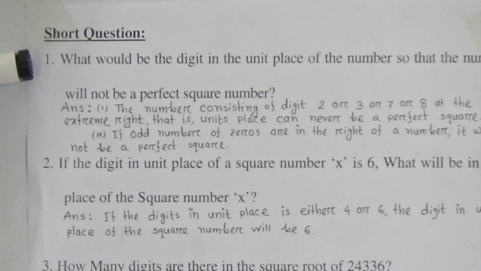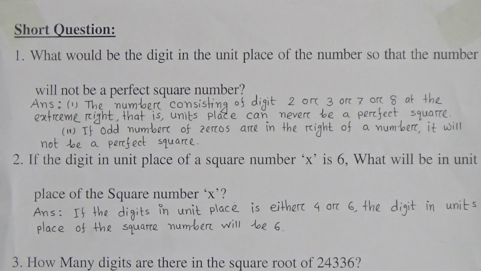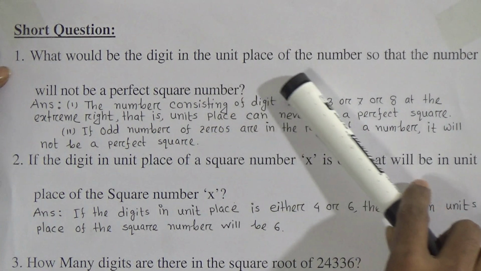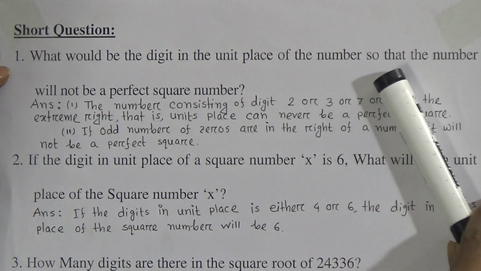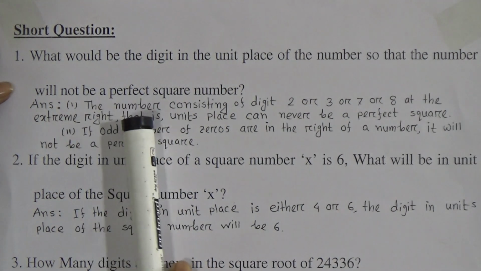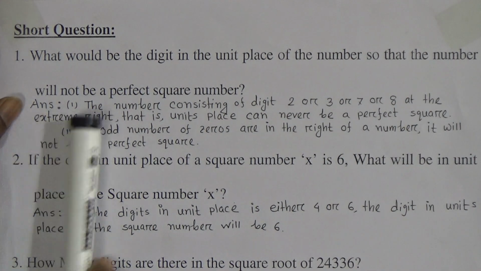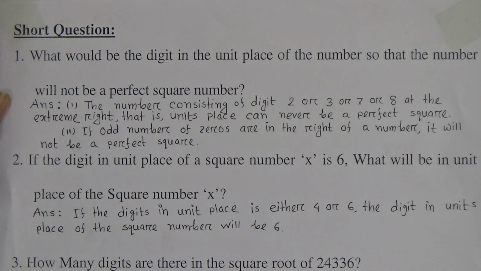Let's start. Question number 1: what would be the digit in the unit place of the number so that the number will not be a perfect square? Dear student, in this case there are two conditions.